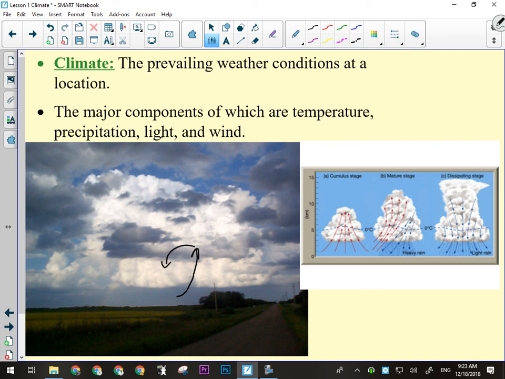But what happens is you've got so much water vapor and warm, heavy air moving upwards that condensation actually gets forced back up into the cloud. So you've got liquid water now that's being forced higher up into the cloud with more water vapor condensing. So you go from having tiny droplets to having bigger drops.